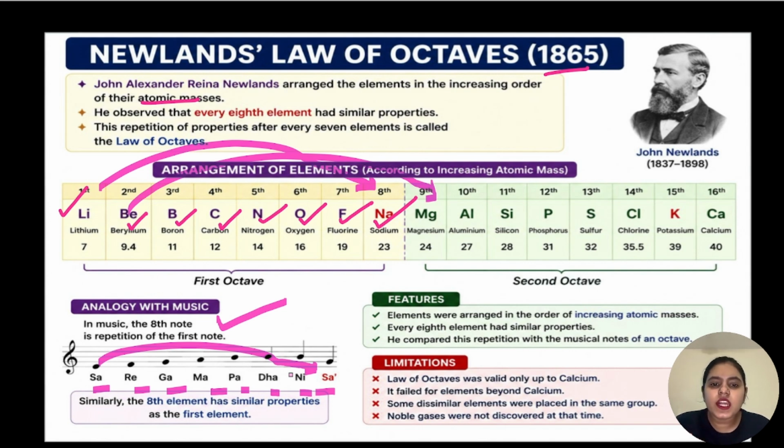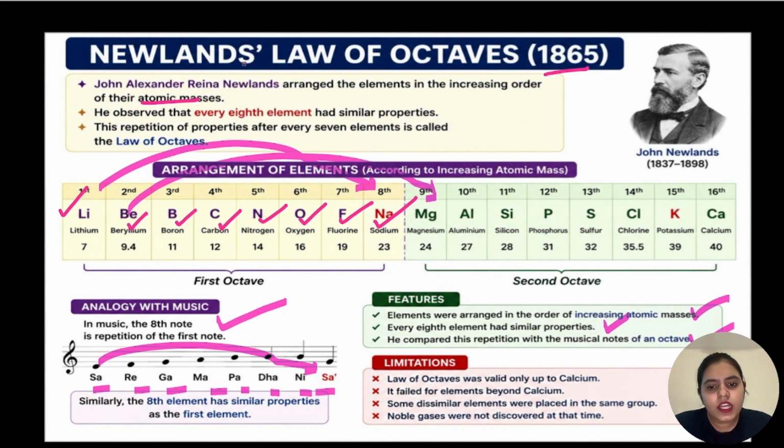So let's quickly summarize the features: elements were arranged in increasing atomic masses, right? Every 8th element shows similar properties. He compared this repetition with the musical notes of octaves, and this law also had some limitations.